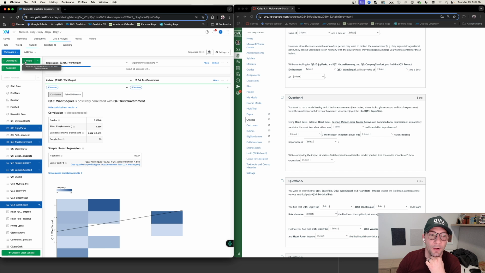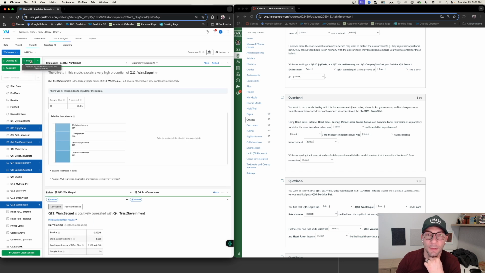Oh, sorry, very importantly, instead of clicking relate, we're going to click regression, okay? What regression is going to do is run all of these at the same time. If I clicked relate, it's going to run individual analyses for each of these predictors on want sequel. But if I click regression, it's going to put it all together in one model, so that all of these predictors are being run at the same time, and they're being controlled for one another.